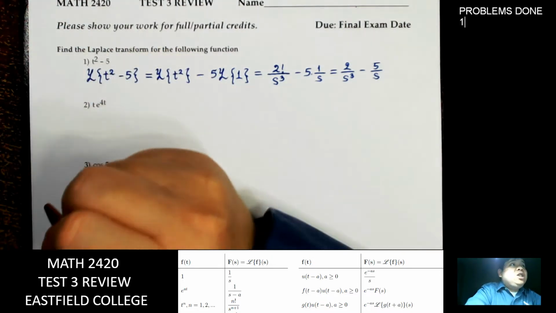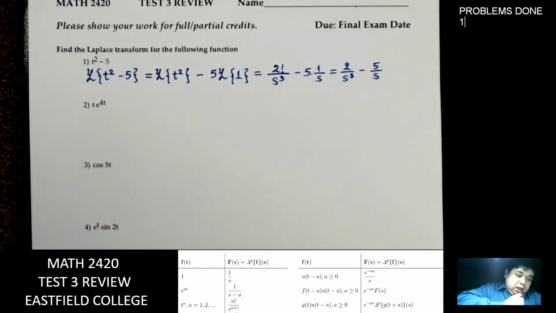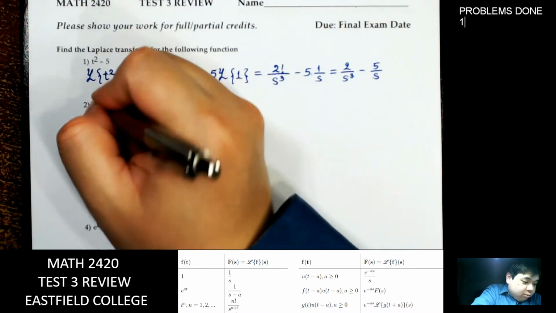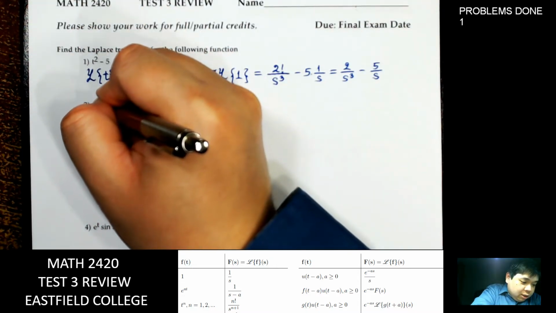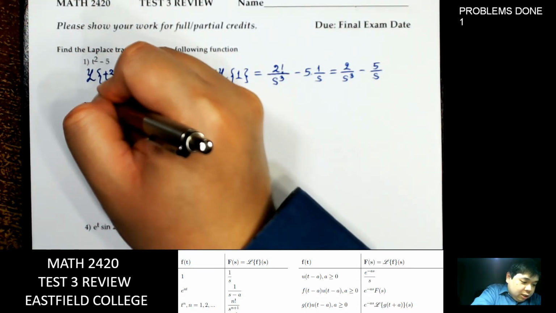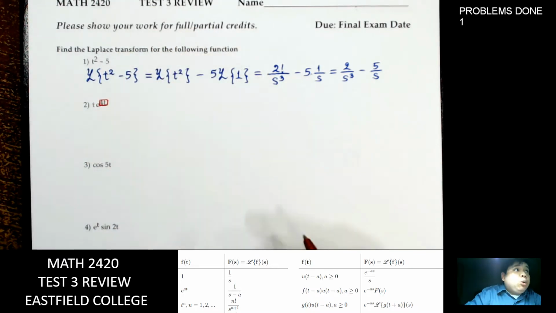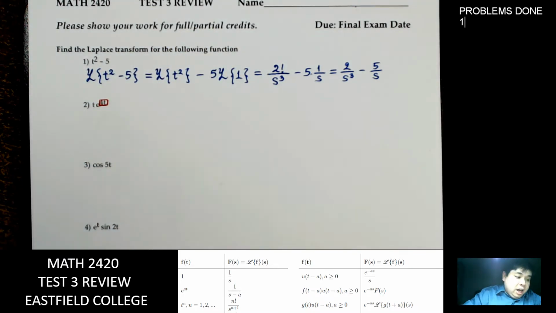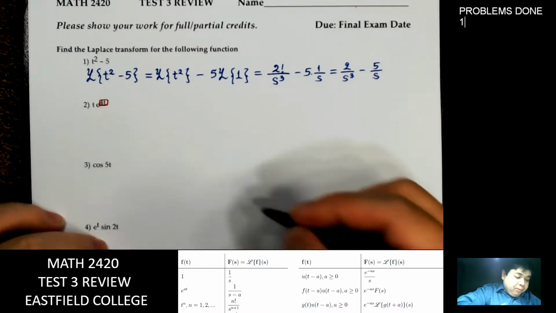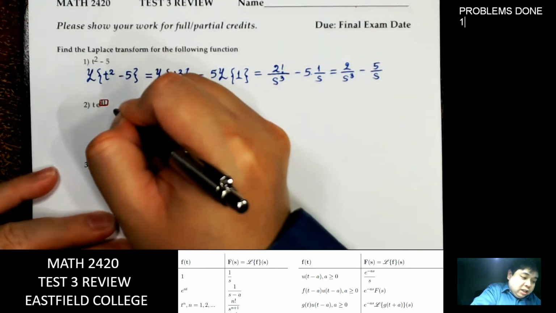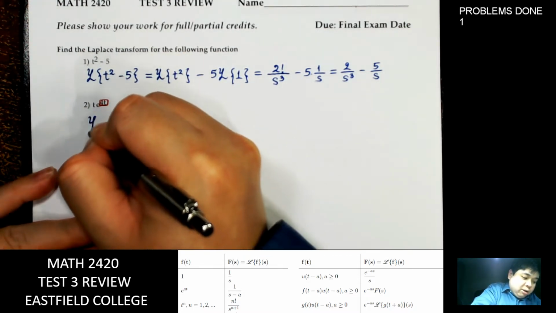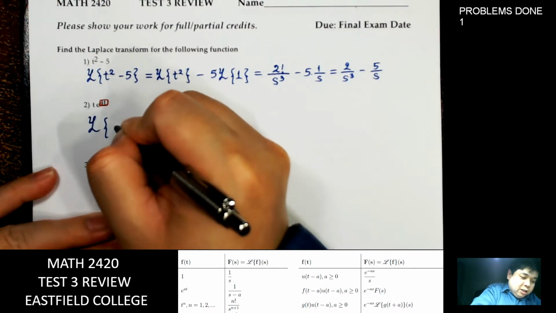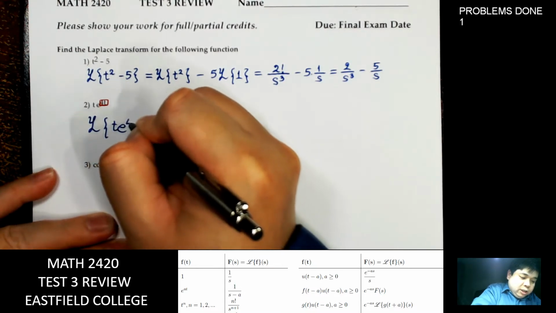where we have e to the 4t, or whatever the power is, that will be the translation in s. So we ignore the e. Let me write that out again: t e to the 4t.